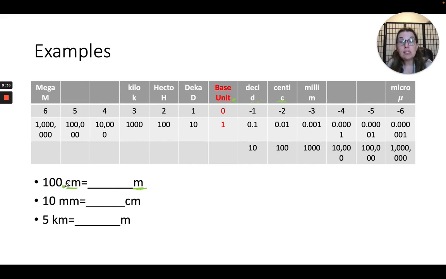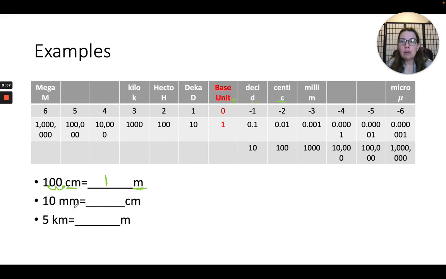And I'm going to do the same thing with the decimal point that I did in the chart up here. So because I went 1, 2 to the left, I'm going to move this decimal point 1, 2 places to the left, and then it's going to live over here. So that means 100 centimeters equals 1 meter, or 1.00, same thing.